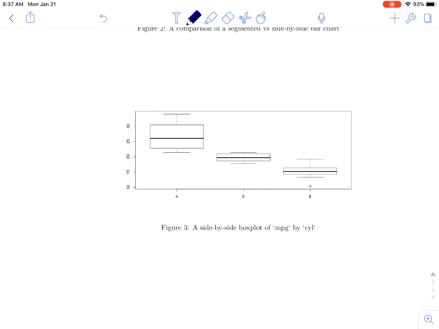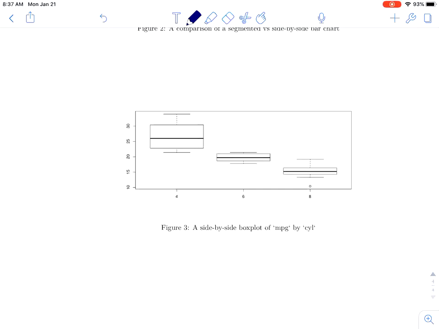Here's the median miles per gallon for a 6-cylinder car, median miles per gallon for an 8-cylinder car. There's a trend here. It looks like as the number of cylinders increases, the fuel efficiency is going down. The number of miles per gallon that we get seems to be decreasing.